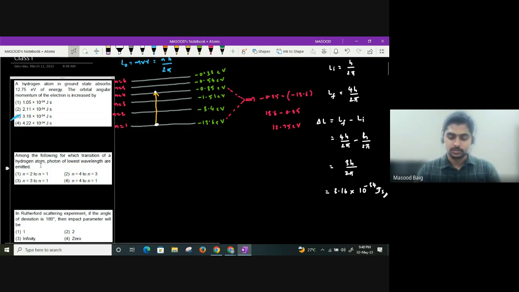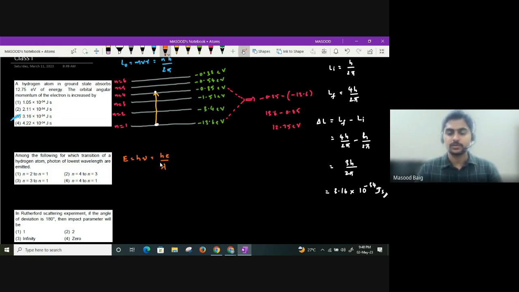Now you see, lowest wavelength. When we talk about energy, energy is given as h nu. Energy is directly proportional to frequency and inversely proportional to wavelength. Which one will have less wavelength? The one which has more energy. Now, when transition is made from 2 to 1, how much energy will be released? 10.2 electron volt energy is released.